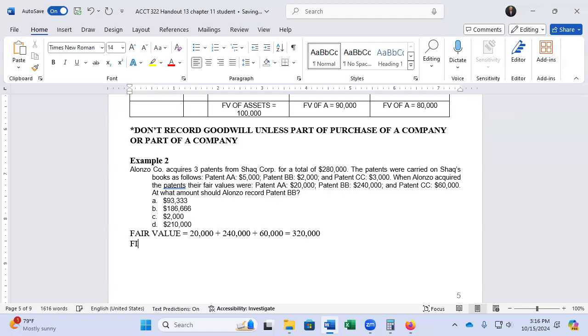So we want to find the fair value percentage of patent B, which equals 240,000 divided by the total 320,000, which equals 0.75 or 75%.